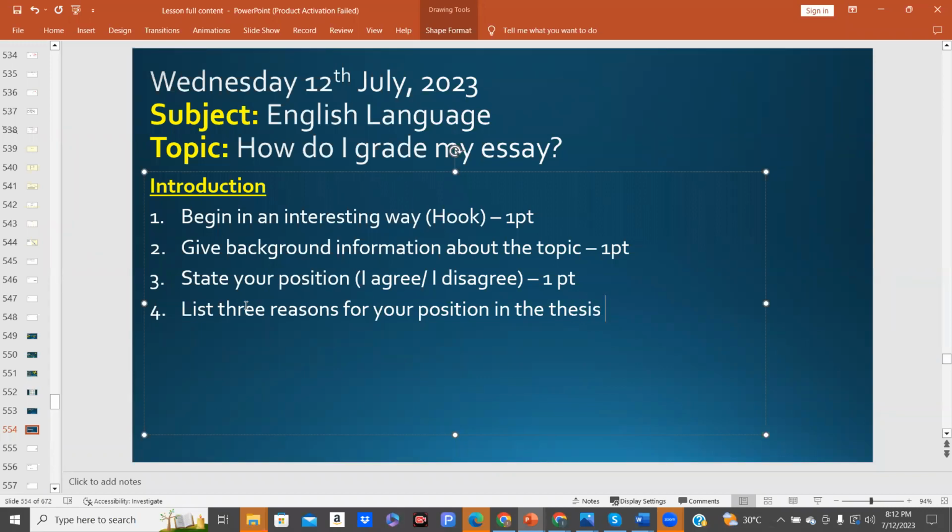How many points do you think you get for that? 3, because of 3 reasons. 3 points. Very good. Then you want to ask yourself, now this is where the main points come from, right? The first 3 is fine, but the main points come from this.